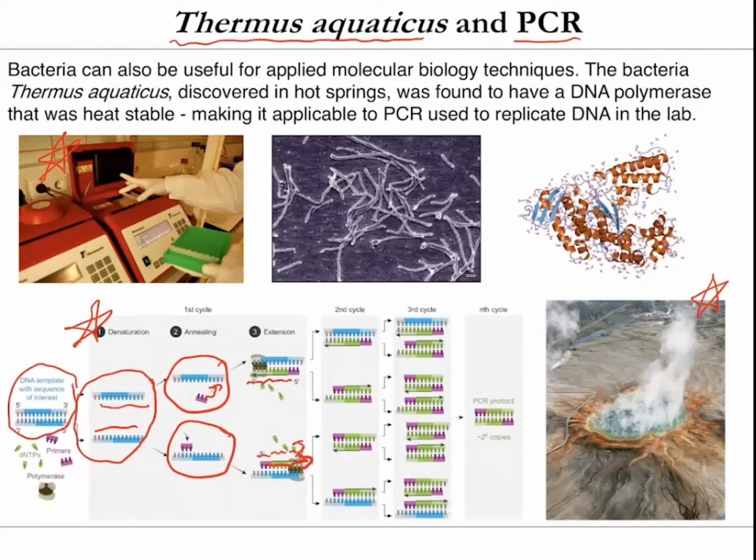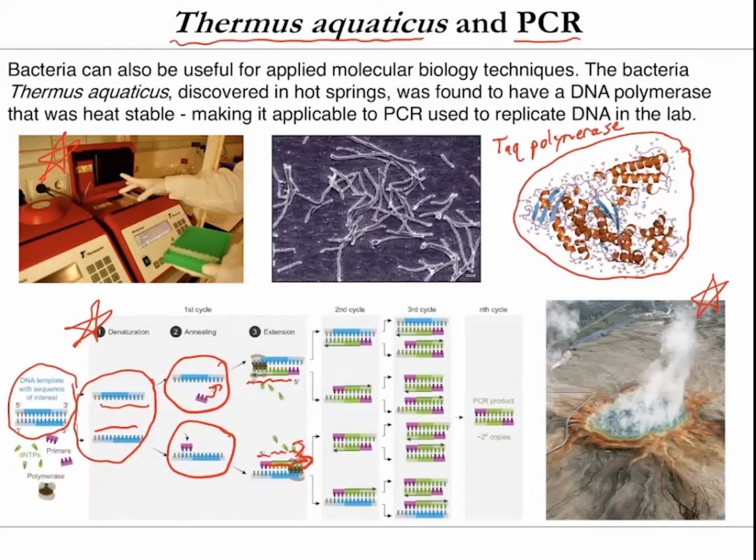So what scientists discovered is that Thermus aquaticus, since it lives at such high temperatures, has a DNA polymerase, called Taq polymerase, that can actually function at very high temperatures.